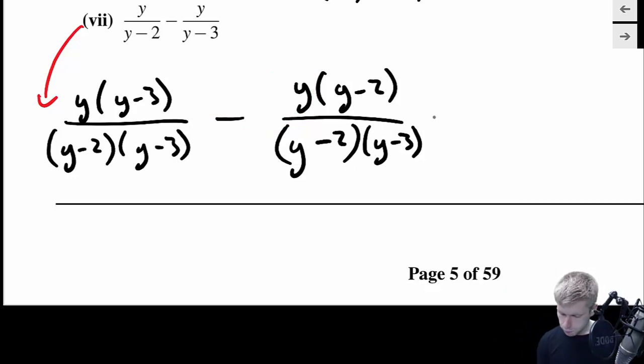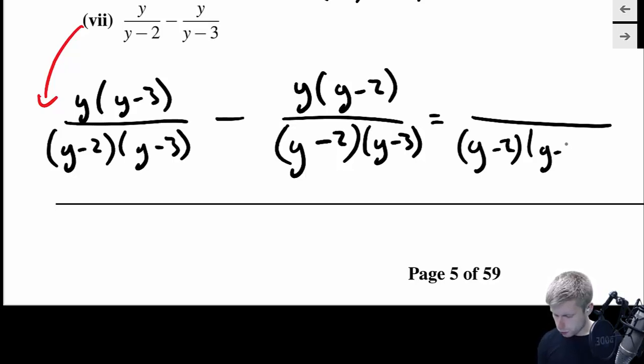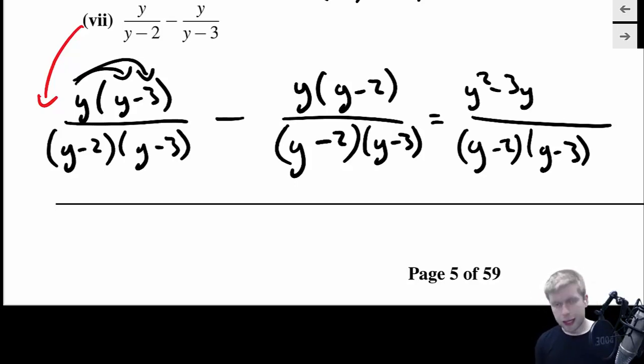So let's have a think about this. We have the same denominator, y minus 2, y minus 3. Expand the first bracket out, I get y times y, which makes y squared, and y times negative 3, which makes negative 3y. But then here you need to be careful because it's the entire negative y which I'm multiplying out.